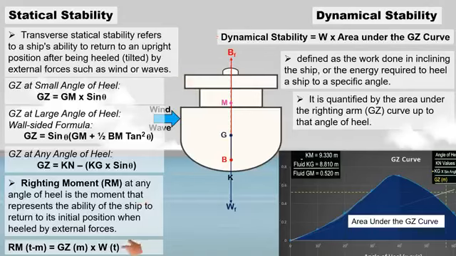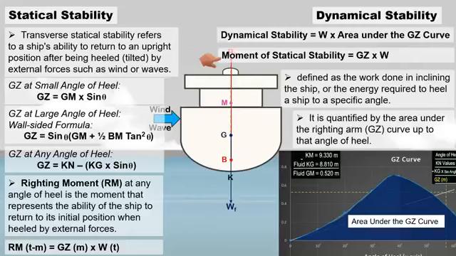Looking at the formula, moment of statical stability and dynamical stability are interconnected concepts that together provide a comprehensive understanding of a ship's stability behavior. The righting moment, a key aspect of statical stability, is calculated by multiplying the righting arm by the ship's displacement.